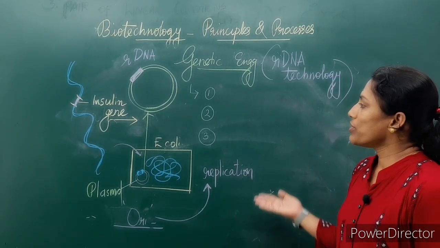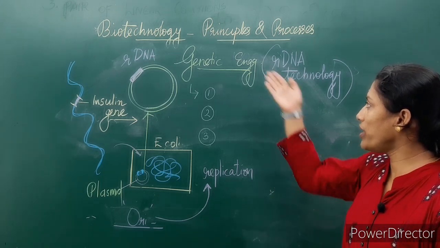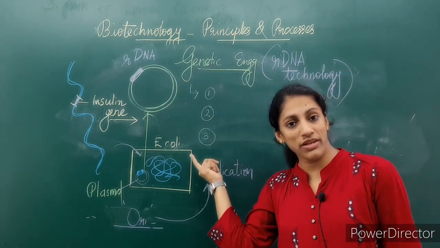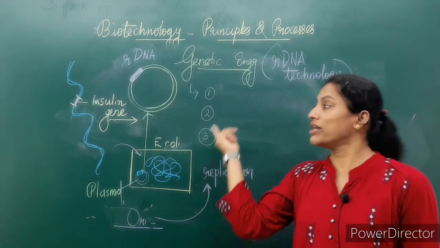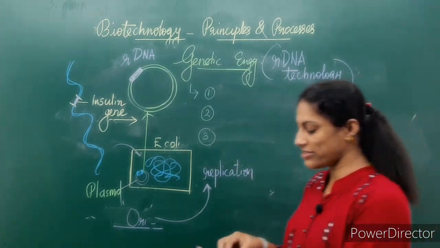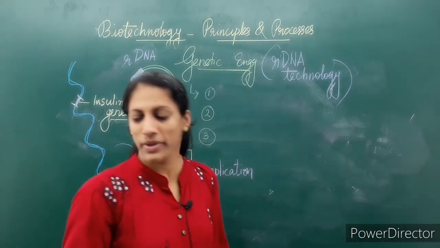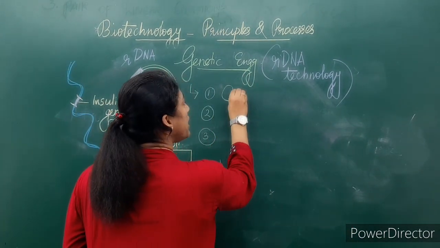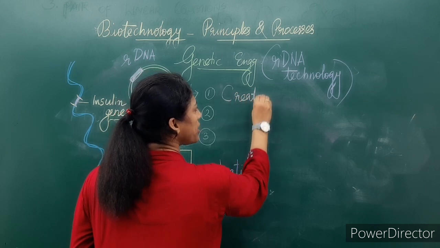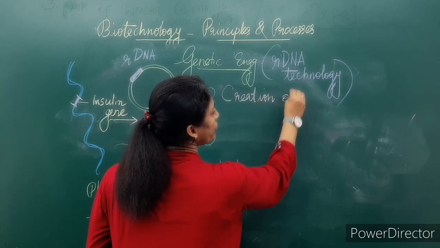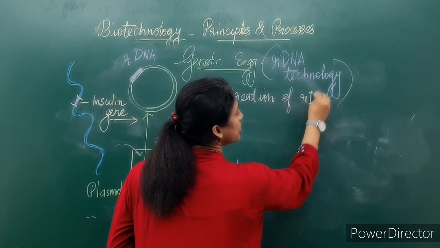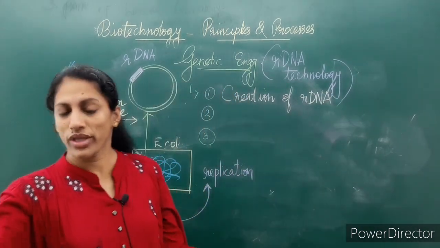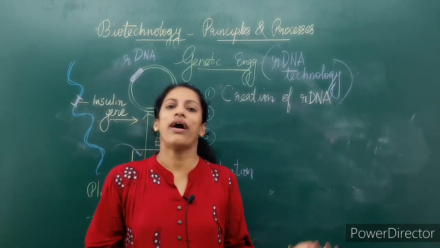Then, just listen, we are coming to the main steps in rDNA technology. The first step is creation, production, creation of what? rDNA. Genetic engineering mainly deals with production of rDNA.